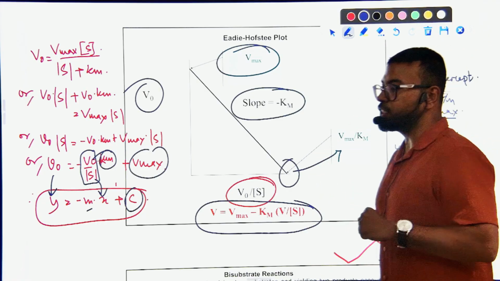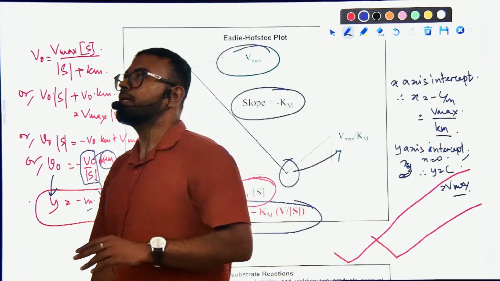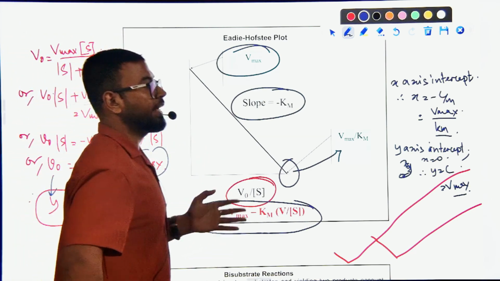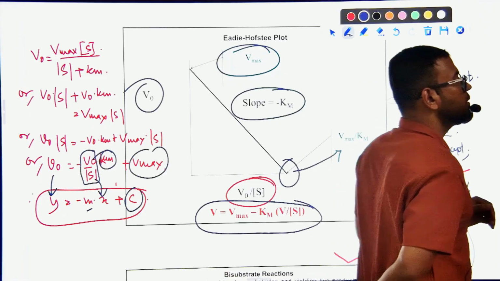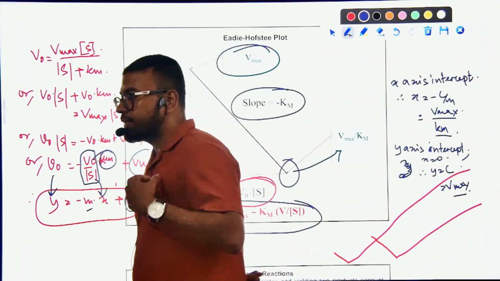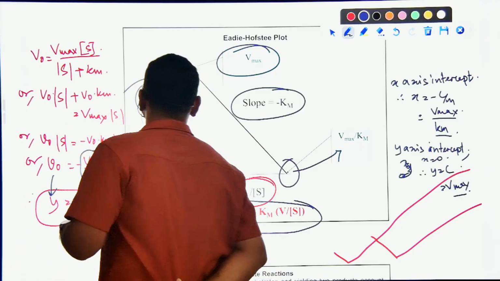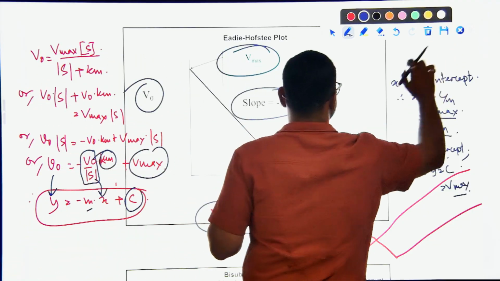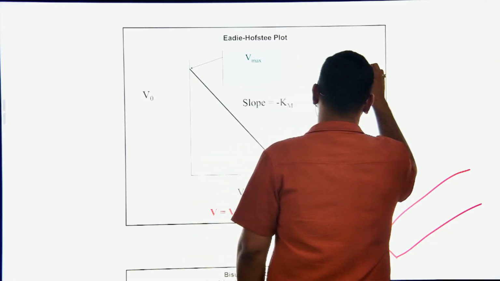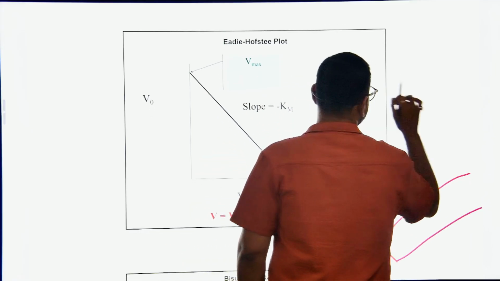Now regarding Eadie-Hofstee also, we can analyze different aspects, like if Km increases, then what will happen, keeping Vmax constant. So there lie certain conditions.